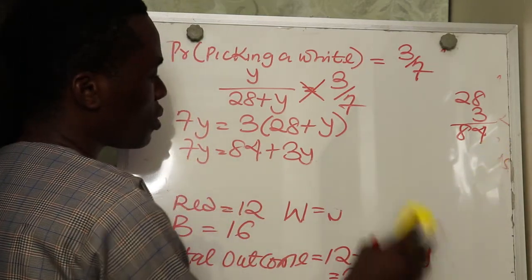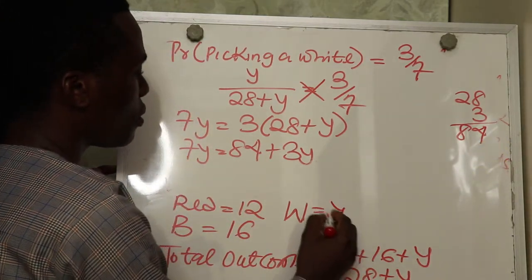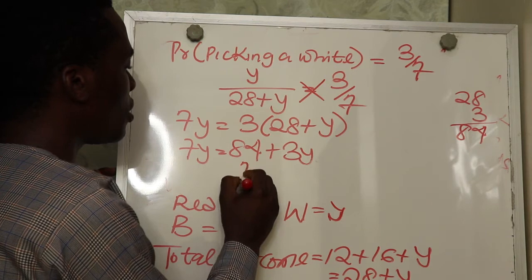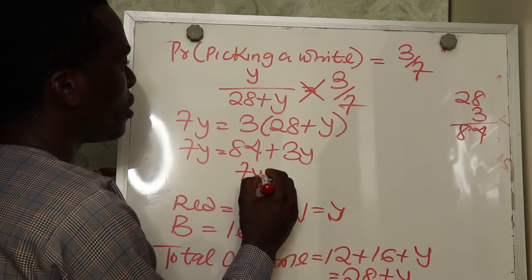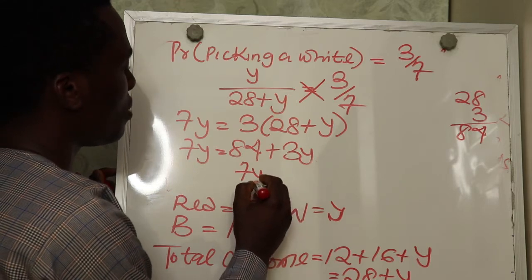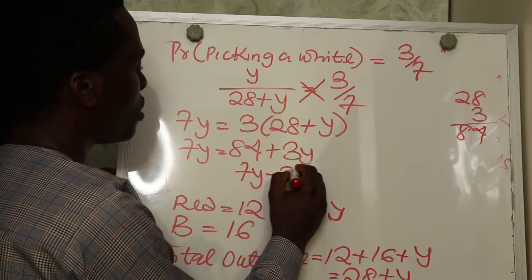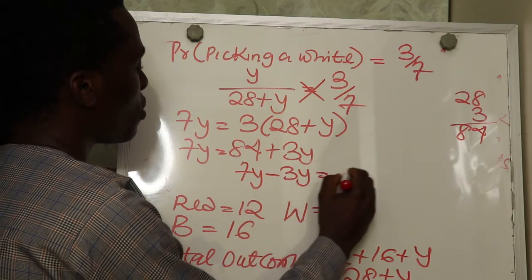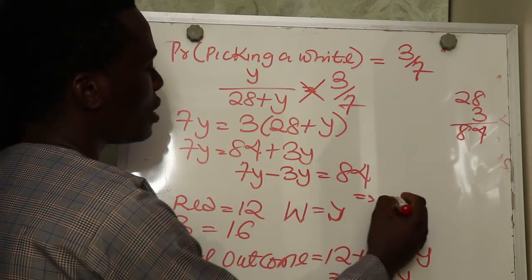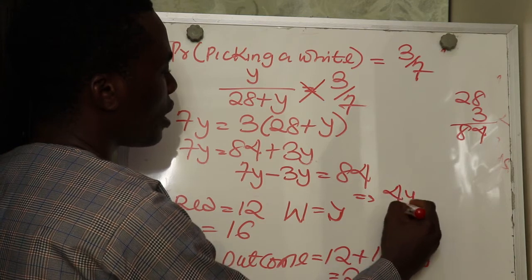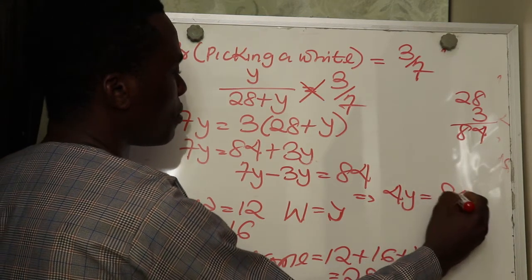Now, if we simplify further, remember what we are looking for: the number of white balls. So we are going to have 7y minus 3y equal to 84. If we simplify this further, this will give us 4y equal to 84.